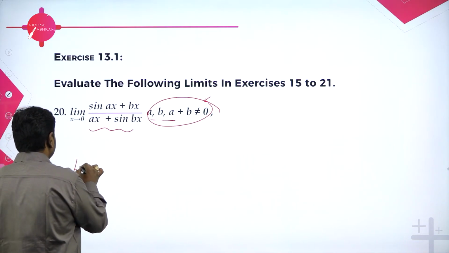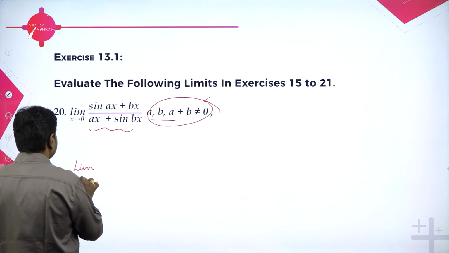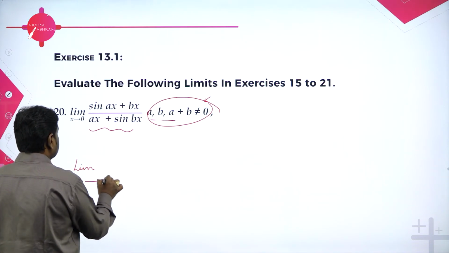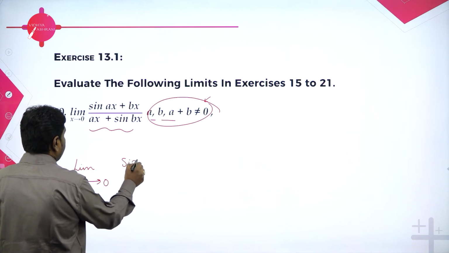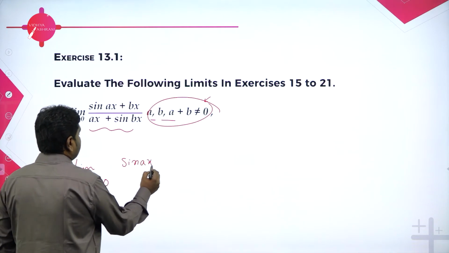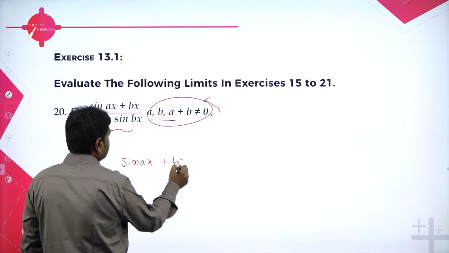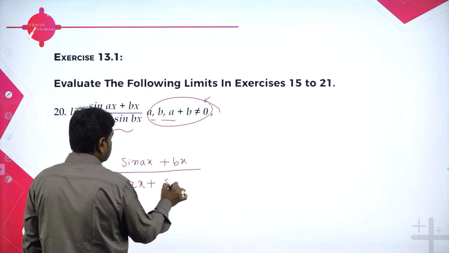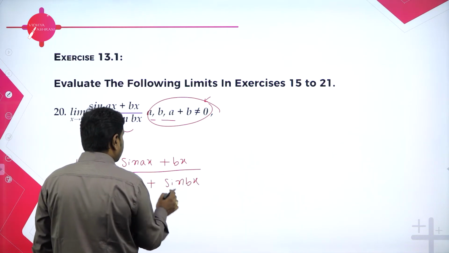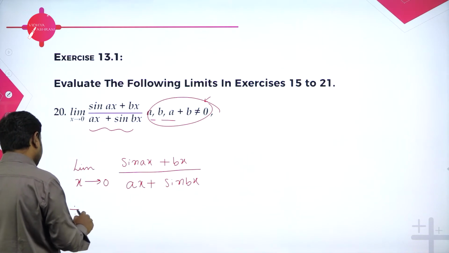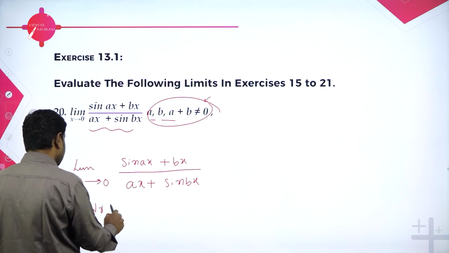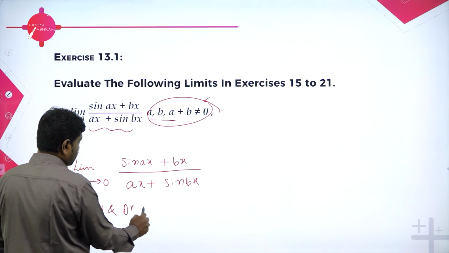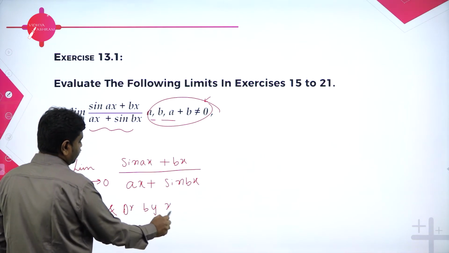You should not get 0 by 0, which means you should simplify. So what we do is: limit x tends to 0, (sin ax plus bx) divided by (ax plus sin bx). The very first step is to divide the numerator and denominator by x, so that the problem simplifies.